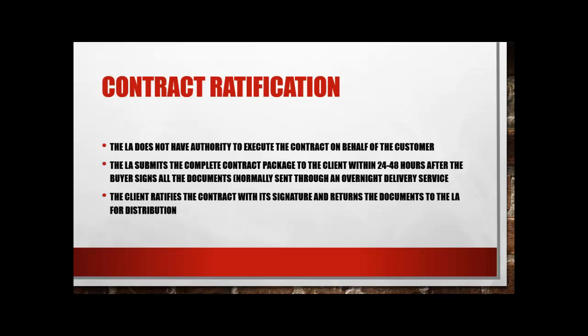So since we've finished everything up until the signing and contract ratification, next stage will be closing the transaction.